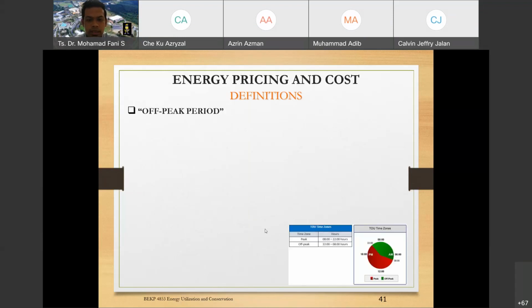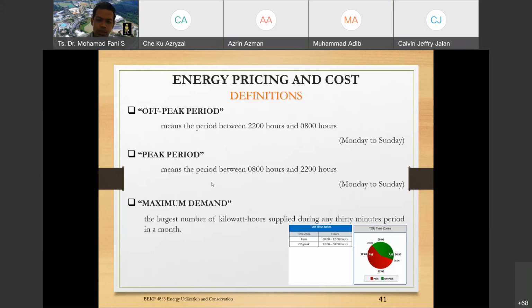So what are the other definitions of peak period? Okay, in our tariff structure, we have this definition of peak period. So what is peak and what is off-peak period? Off-peak period means the period between 10 p.m. until 8 a.m. from Monday to Sunday.